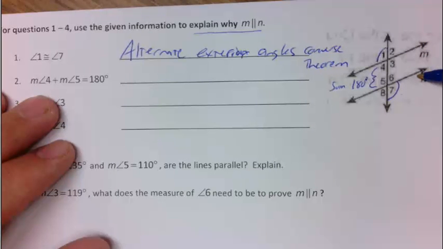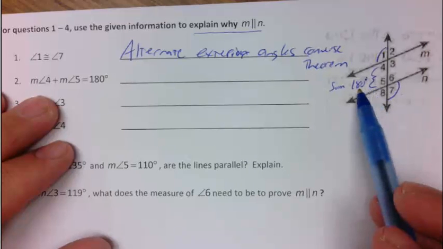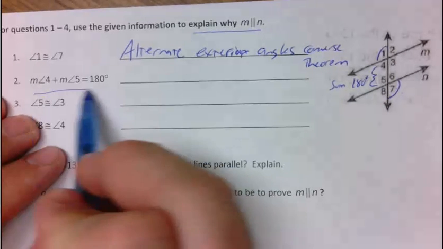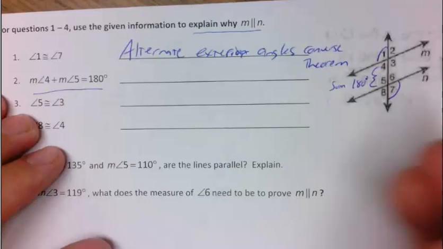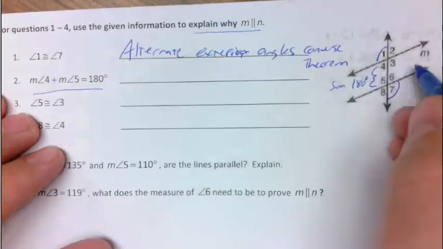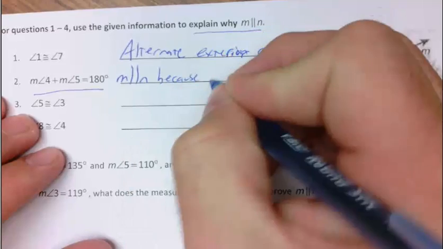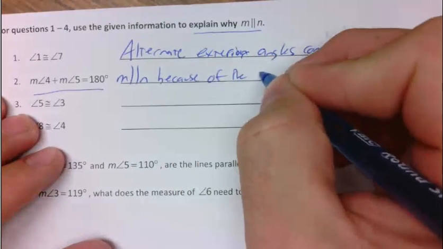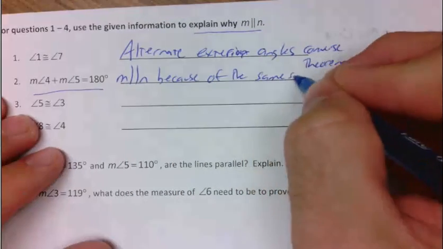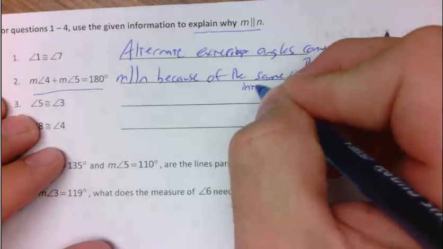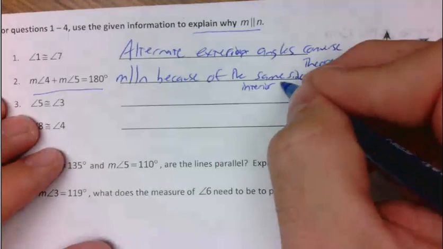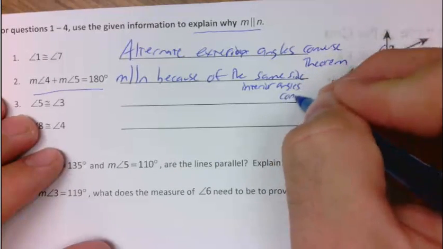Again, not to be confused with the original, which started with the lines being parallel and ended with the supplementary. So since they're giving us that these are supplementary, we can conclude that the lines are parallel. M is parallel to N because of the same side or consecutive, depending on how you want to write it, same side interior angles converse.